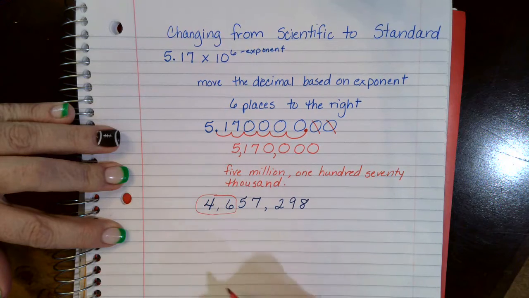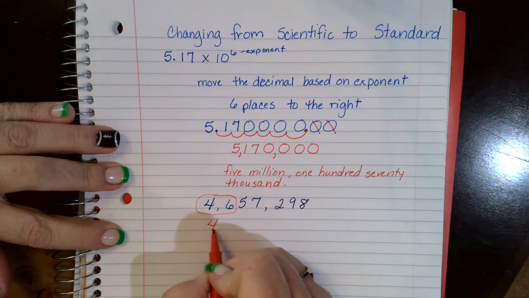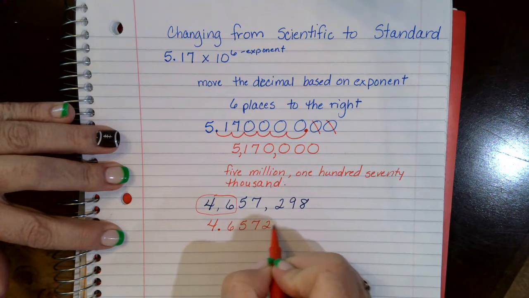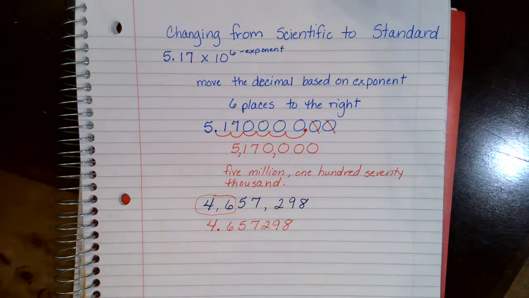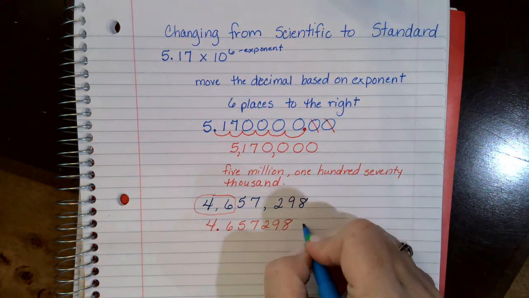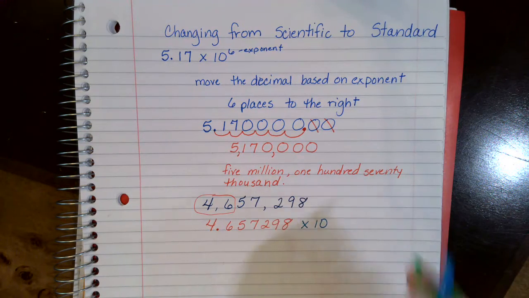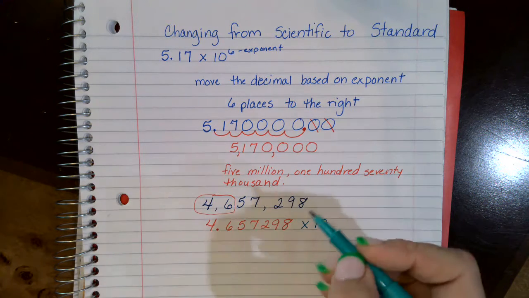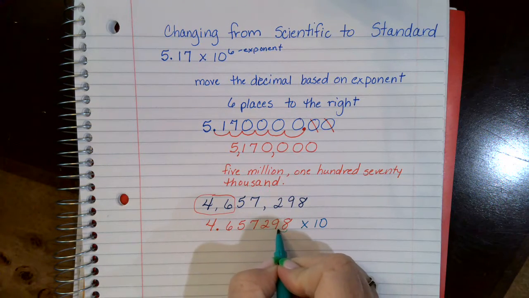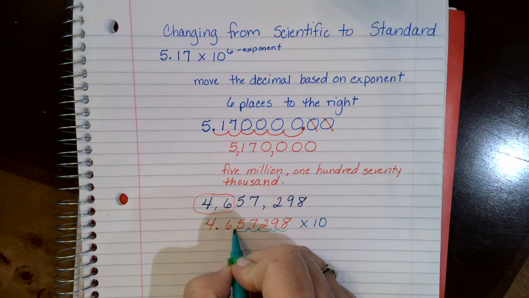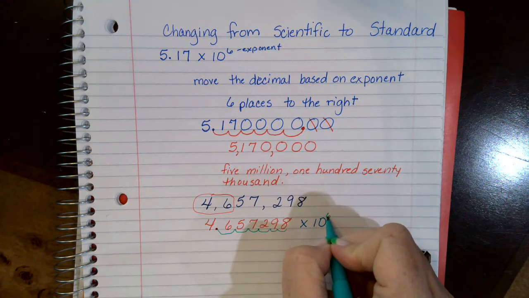So that's here. So it's going to be 4.657298. My next step is to put times 10, and then to count how many times the decimal place was moved. 1, 2, 3, 4, 5, 6.